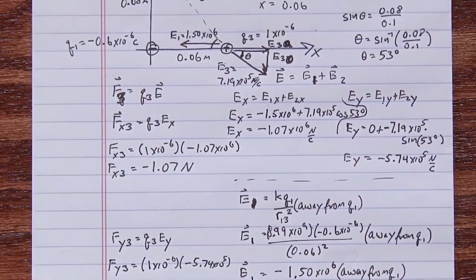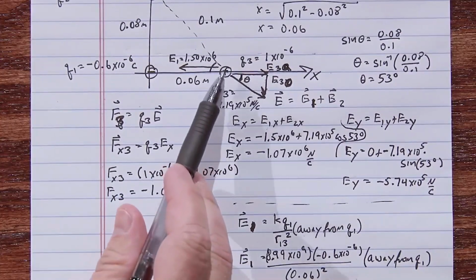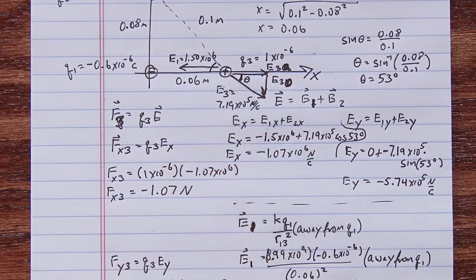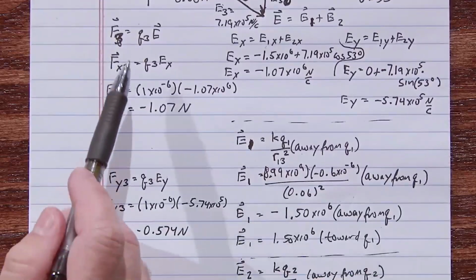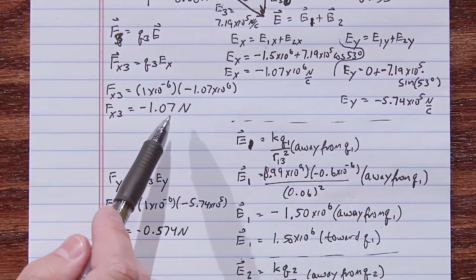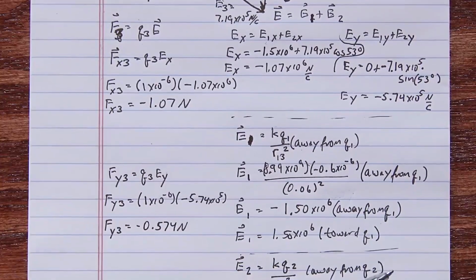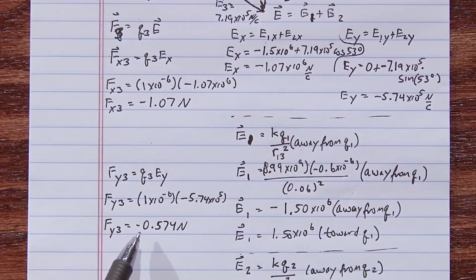So what is the force on charge 3? It is negative 1.07 newtons in the x direction and negative 0.574 newtons in the y direction. And that answers the question that we were asked.